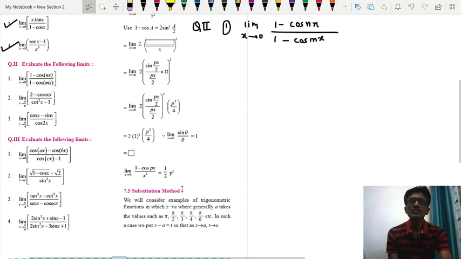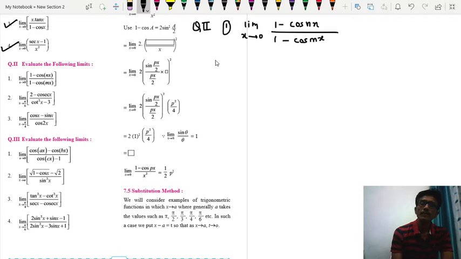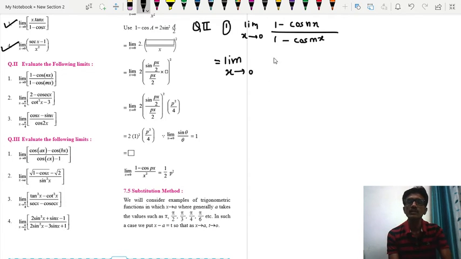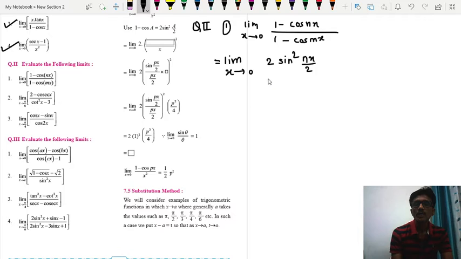Here limit x tends to 0, (1 minus cos nx) upon (1 minus cos mx). So here 1 minus cos theta is 2 sin square theta by 2, so it is 2 sin square nx by 2, and this is 2 sin square mx by 2.